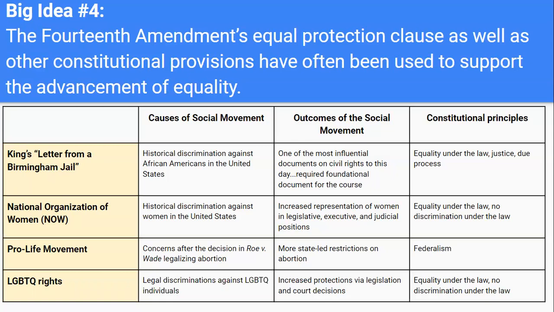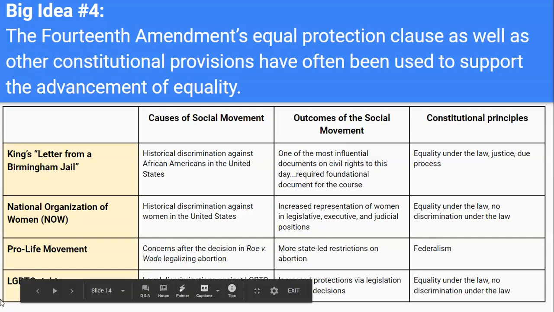Allowing some people to get married and some people not to is not equal protection under the law. You want all people to be equally protected under a law that is not discriminatory. And they used the Equal Protection Clause to strike down those state laws. Okay.